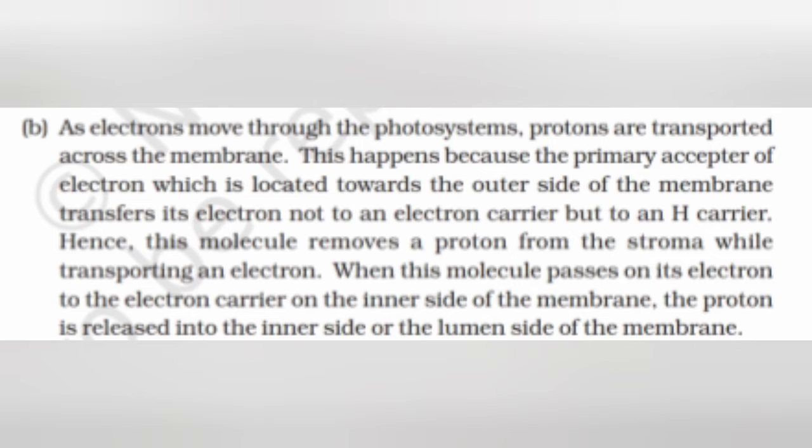Hence, this molecule removes a proton from the stroma while transporting an electron. When electrons are released and transported, at the same time it will act like a hydrogen carrier. When this molecule passes on its electron to the electron carrier on the inner side of the membrane, the proton is released to the inner side, the lumen of the membrane.